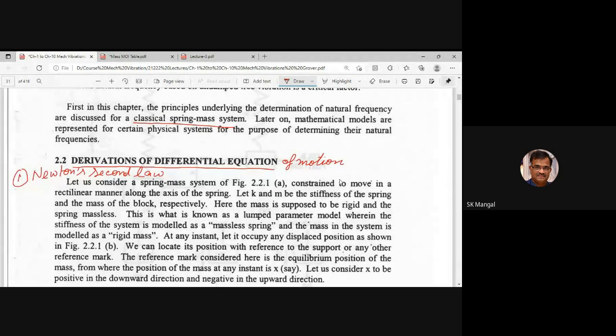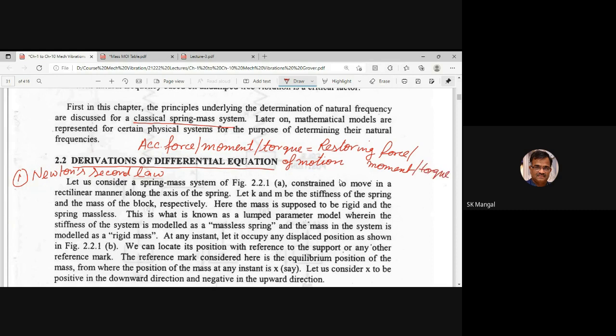As per this law, for a dynamic system you will have some acceleration, so you will have either an accelerating force or moment or torque, depending upon the motion the system has, and this should be equal to the restoring force or moment or torque.